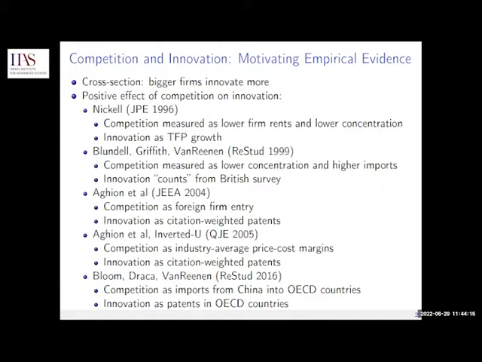It's really not clear whether high concentration necessarily means very low competition. It could also mean something about the shape of the distribution, where there are relatively few, much more productive firms that have high market share.